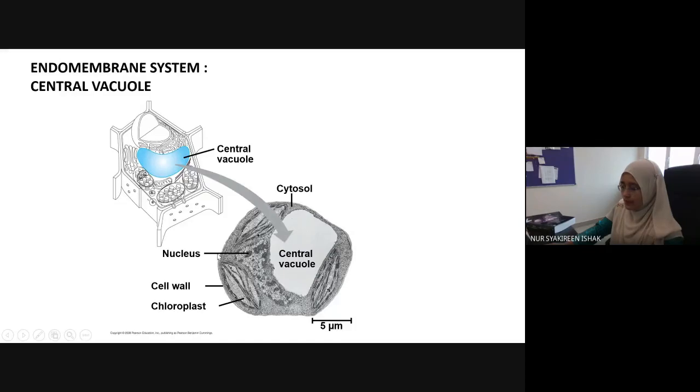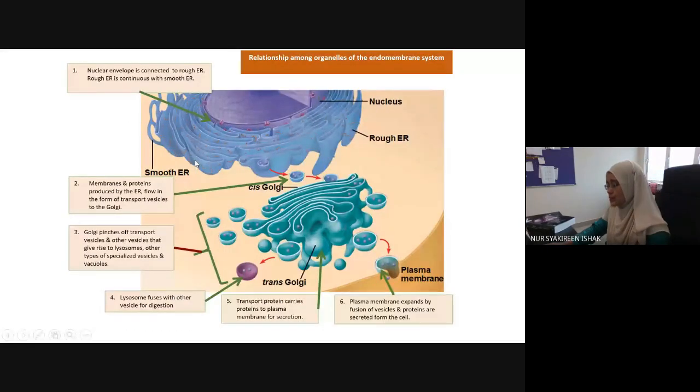So this is just to summarize the relationship between the components of the endomembrane system. You have to remember the endomembrane system consists of the plasma membrane and the nuclear membrane, which is directly connected to the membrane of the rough ER, which is studded with ribosomes to produce protein, and then the protein will be packaged into transport vesicles in the transitional ER.